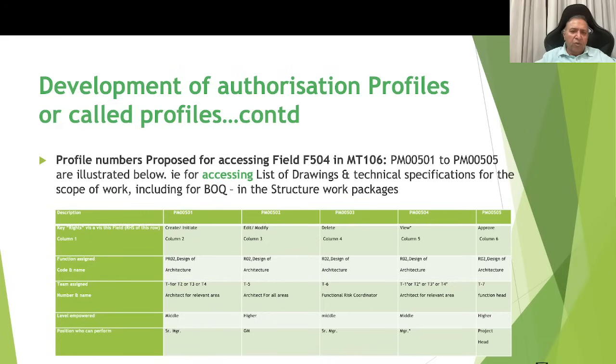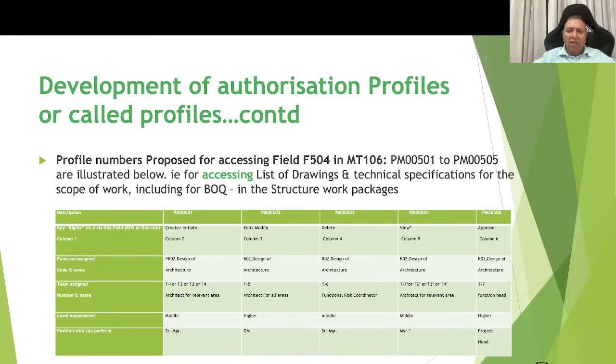Team members who can do this are T1, T2, T3, T4, depending on which package, whether it is a structure package, an architecture work package, or a facade package, etc. And who can initiate this? A middle level person can do that, and the suggested level is senior manager, for example. Similarly, I have given these concepts based on the SOD for different levels for editing, deleting, viewing, and approving.